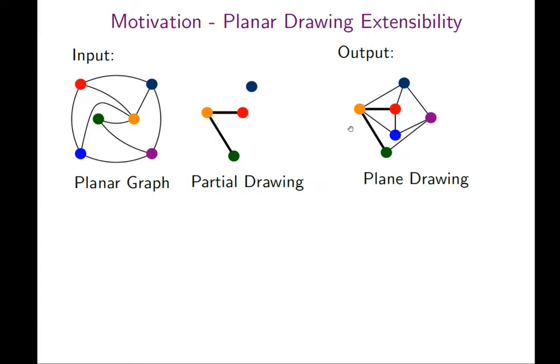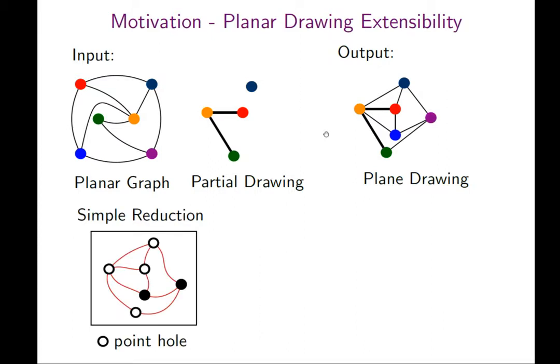This architect metaphor is a motivation for us, and we generalize this planar drawing extensibility. So how do we generalize it? You could imagine that for every vertex which is already drawn, we make a hole, which is just a single point, and make a vertex at that hole, fixing it there. And now, drawing the remaining graph is equivalent to making an extension of the graph that we've been given.